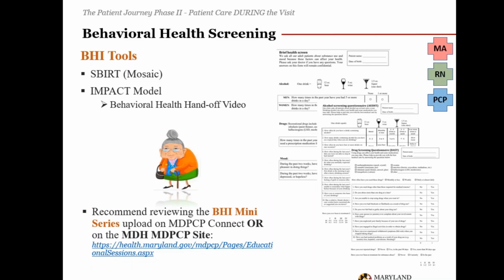Okay, so as we said, you have behavioral health. We'll just go over really briefly behavioral health integration tools. SBIRT, for how many of you have met with Mosaic from the state? Everyone? Okay, good. So please leverage it as a free resource that's provided to you courtesy of the state. The IMPACT model. Also, we're going to watch a behavioral health handoff video, so you see how easy that handoff can be if you have a behavioral health specialist co-located with the primary care physician.